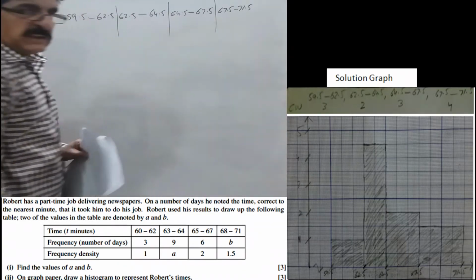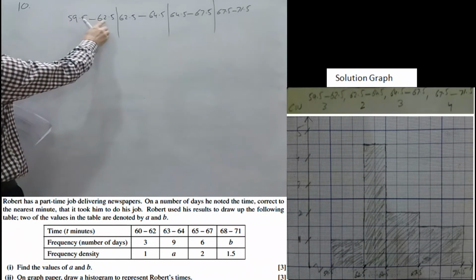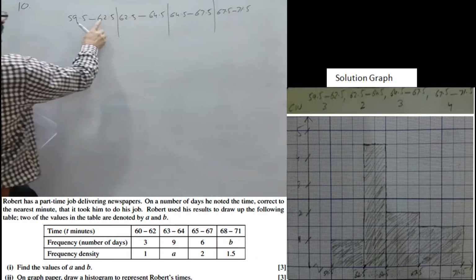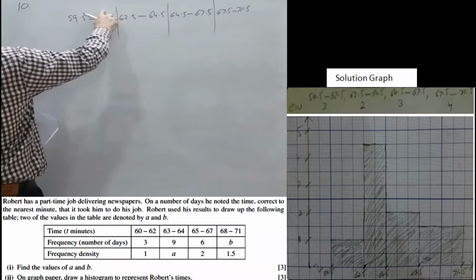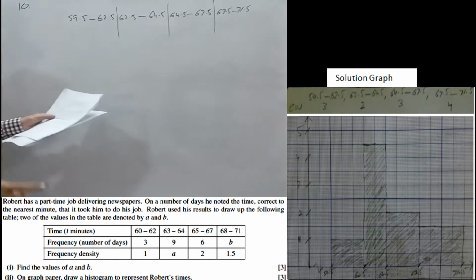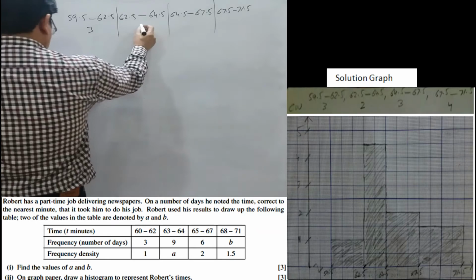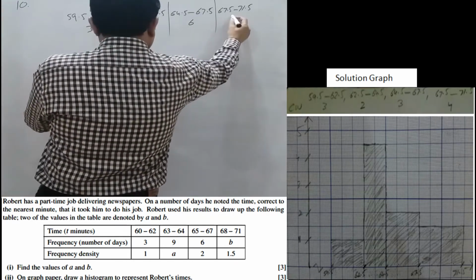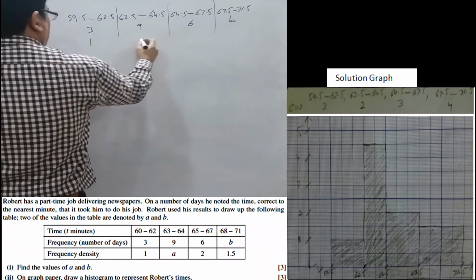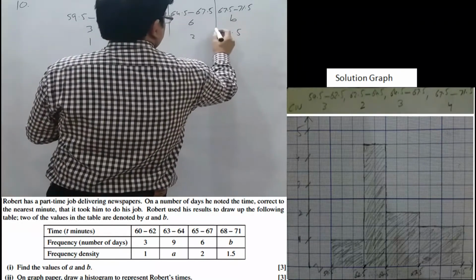After making class boundaries, we subtracted 0.5, added 0.5, subtracted, added. So the upper class boundary and the next lower class boundary must be the same. So we have made it. Now this frequency is 396. This is B. Here we have 1A to 1.5.